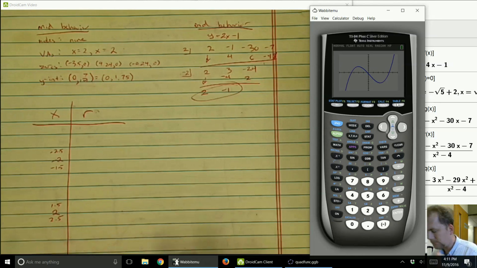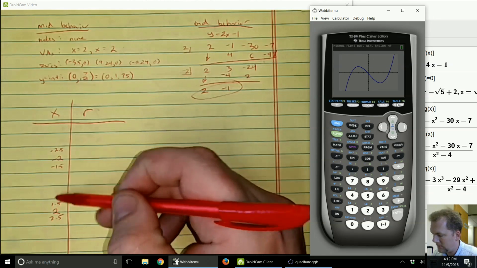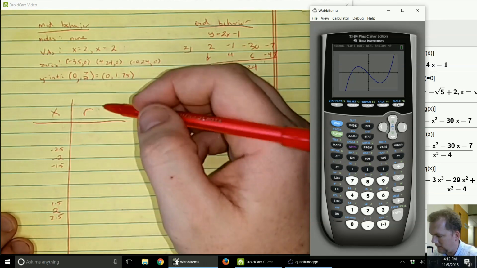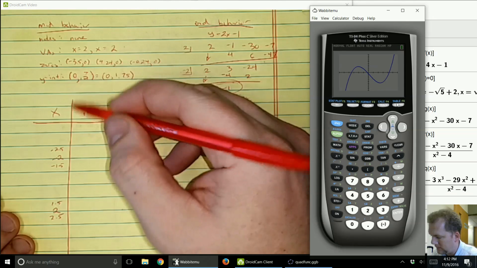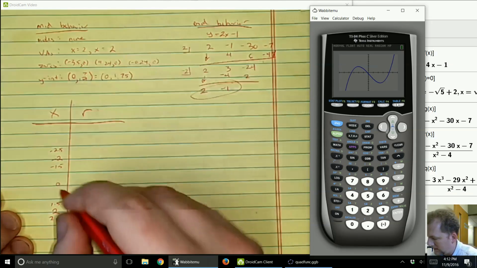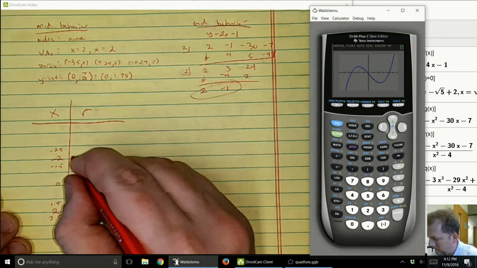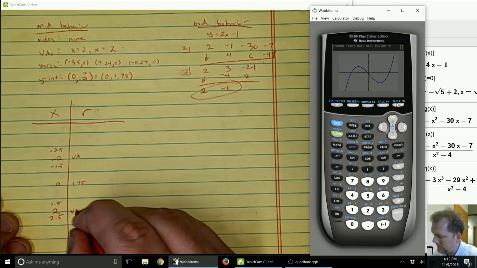Okay. And now I want to put in some numbers in here, assuming I have them occurring, and I indeed do. Like right in the middle of them would be 0. And I know that that gives me 1.75. And these were both vertical asymptotes.